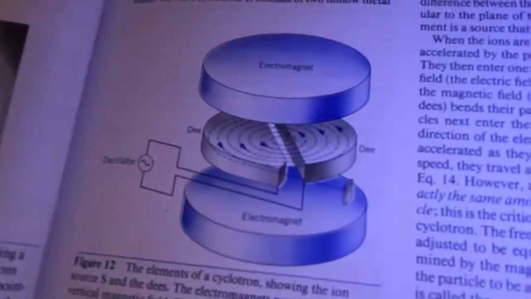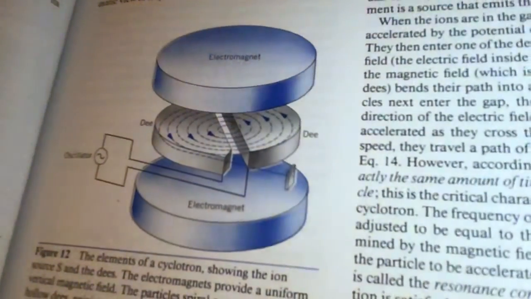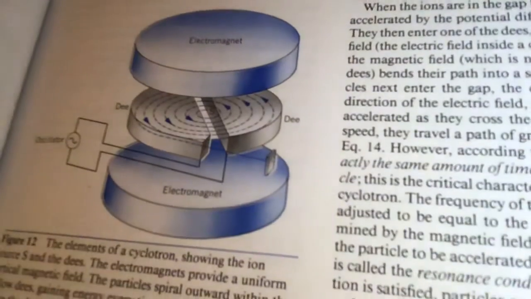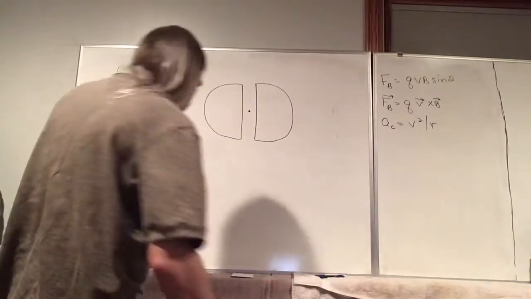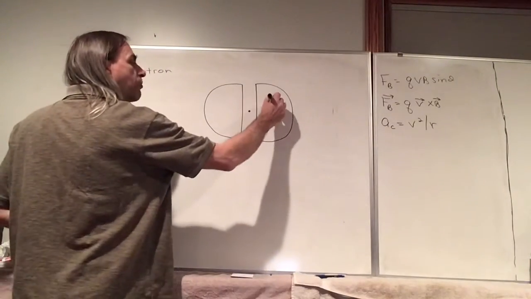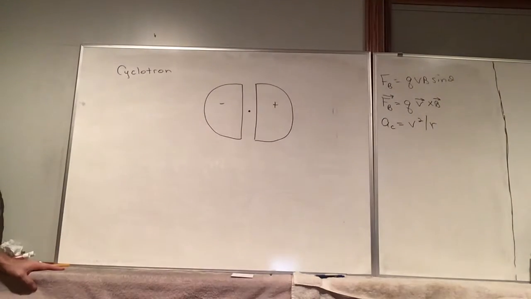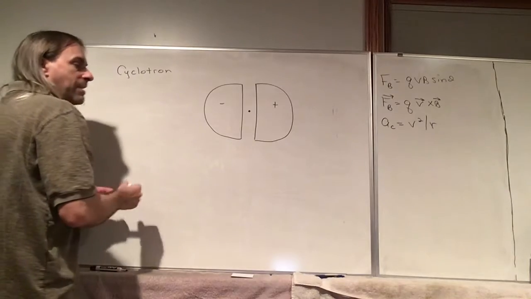So yeah, those Ds are hollow inside, so the particles can be in between the two plates. Completely hollow inside. And let's say we apply a positive charge to one plate and a negative charge to the other plate. That'll create this electric field.